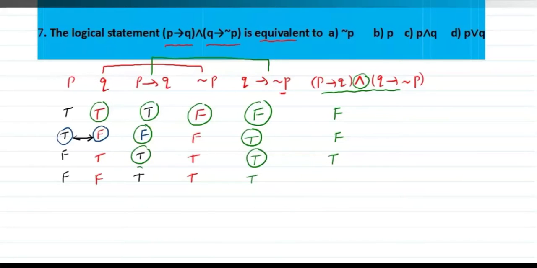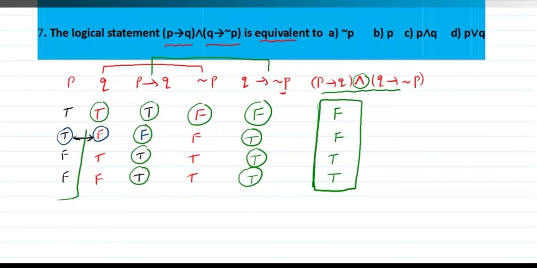And come to the last one. Here also we have true, and here also we have true. The resultant statement will be true, right? Now observe this, this is what we got. These truth values are the opposite case of P. If you observe, opposite case means negation.